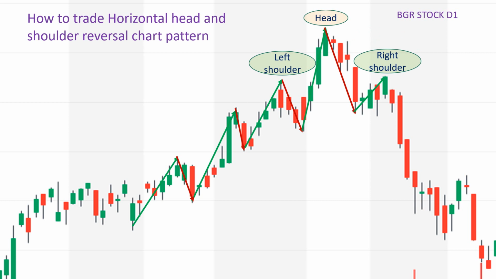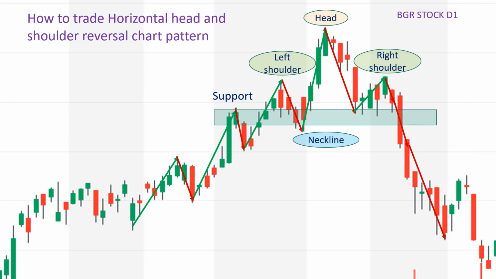Now, in order to draw our neckline, we have to connect these two troughs or these two higher lows, just like this. Now look what happened after. After, the trend continues going lower and breaking the neckline and continues going downward all the way.